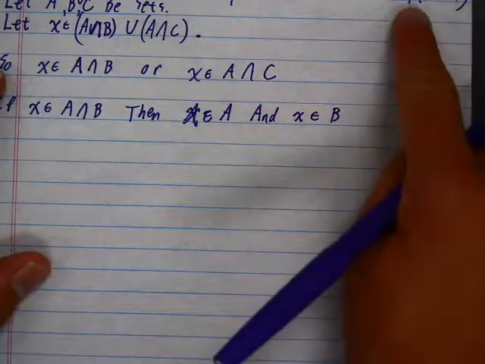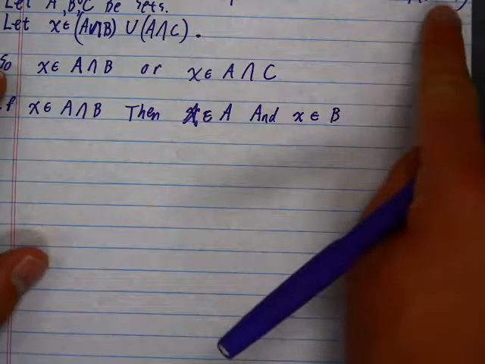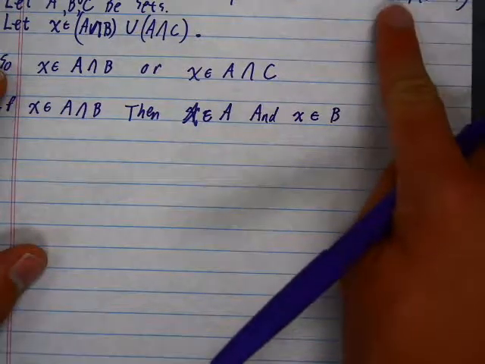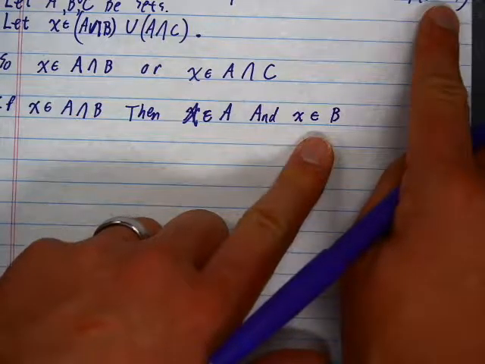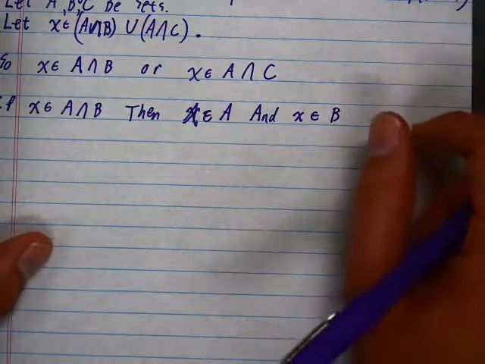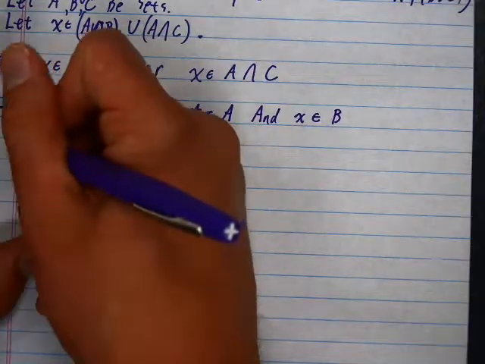So let's take a look at what we need. We need to conclude x is in A intersect B union C. So we need x is in A. We already have that. Great. We need x to be in B union C, but that's like an OR, so we can deal with that.